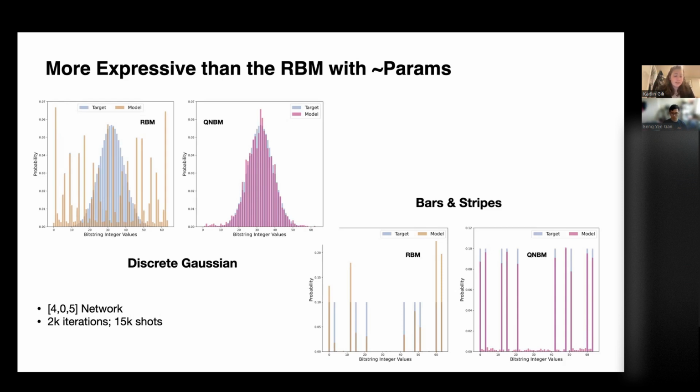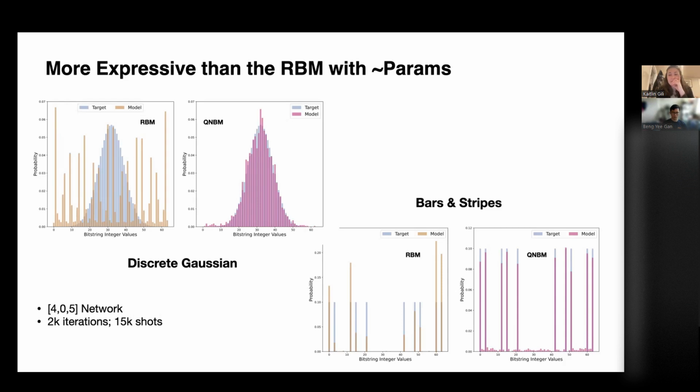We trained these models on a discrete Gaussian distribution and on bars and stripes, which is what we typically use to train generative models. We saw that the QNBM provided really great performance. The RBM did not do nearly as well.